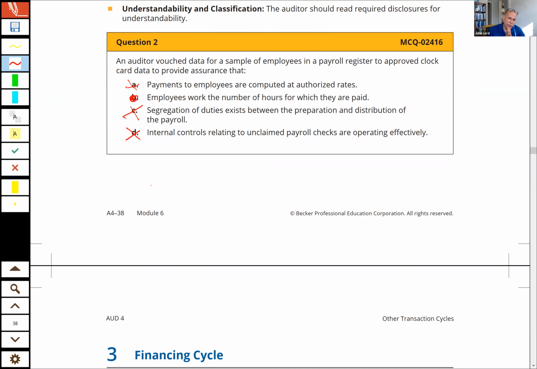Why am I doing this step? And if you don't understand why, you are well within your rights as an emerging CPA, as an emerging auditor, to go back to your supervisor and say, are we doing this because we're trying to determine if the employees worked a number of hours? Okay, good.